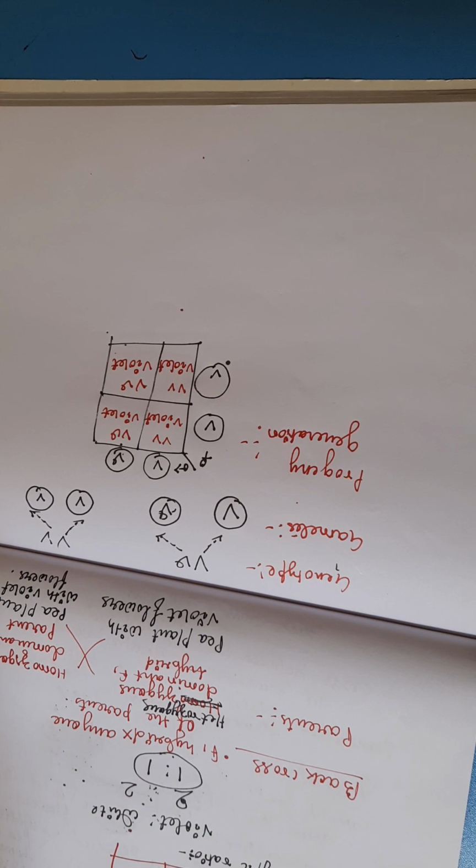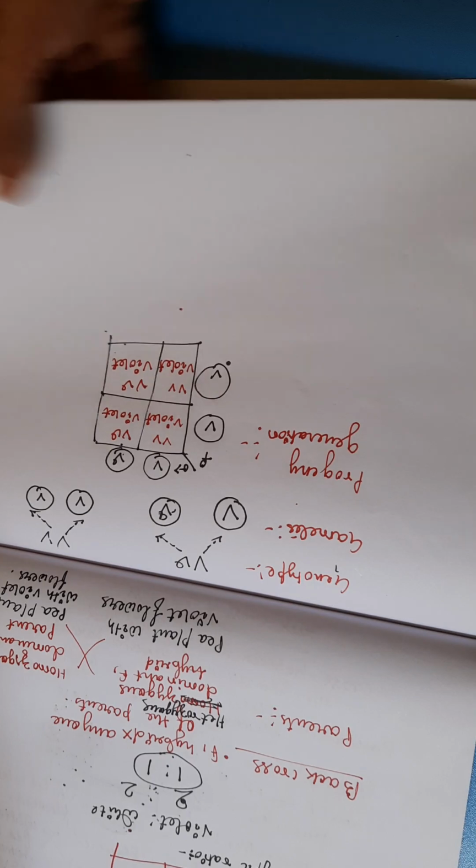And if you are given seeds having a homozygous genotype, with violet colored flowers but the genotype capital V capital V, then if you carry out a back cross, the genotypes will show homozygous and heterozygous variations, but the phenotypes will be the same. So this is all about the monohybrid test cross.